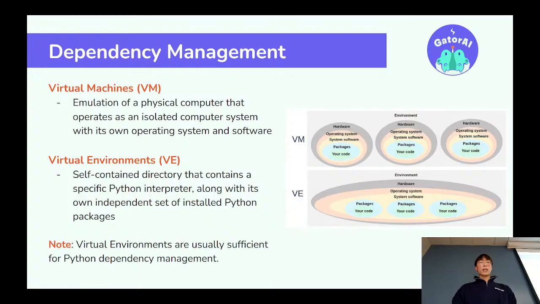Basically, it's a self-contained directory that contains a specific Python interpreter along with its own set of installed Python packages, in the context of Python. And note that virtual environments are usually sufficient for Python dependency management, depending on the type of virtual environments that you use, right? And we'll talk a little bit about the different types of virtual environments that people use.